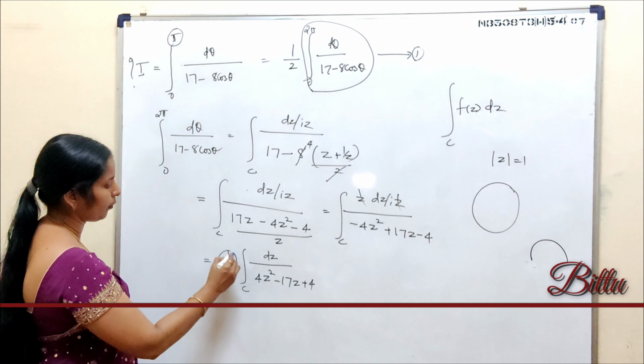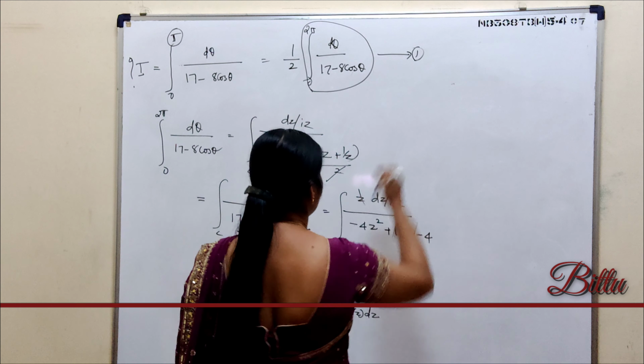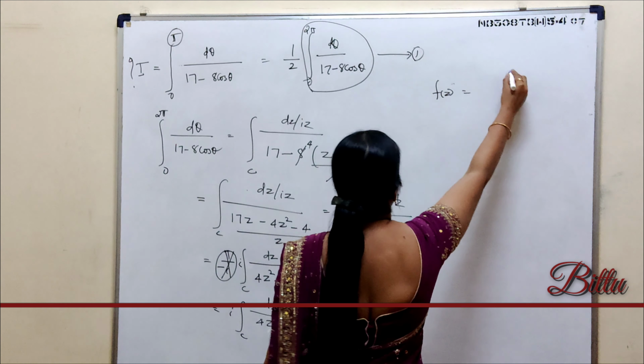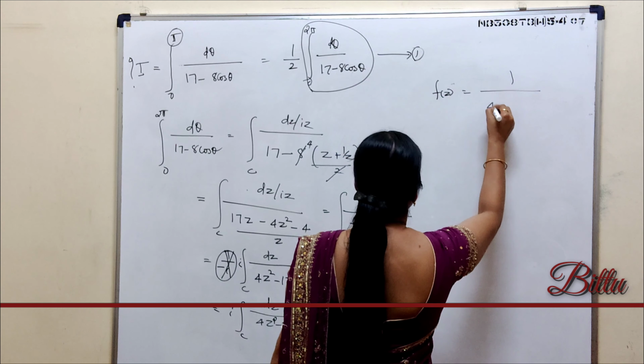So the integral becomes i into integral over c dz by 4 z square minus 17 z plus 4. It is in the form i into integral over c f of z dz. Here f of z is 1 by 4 z square minus 17 z plus 4.